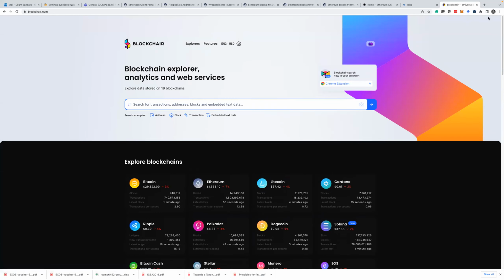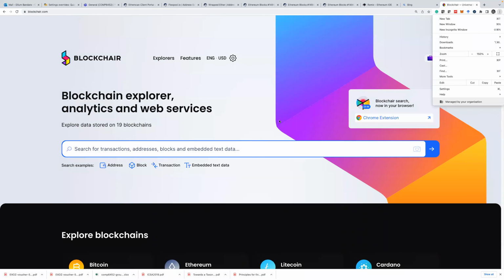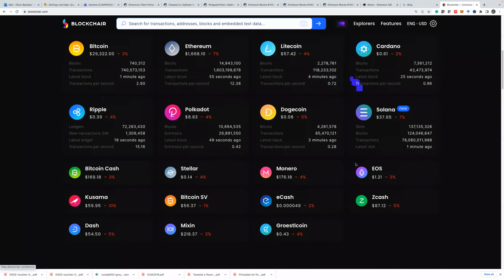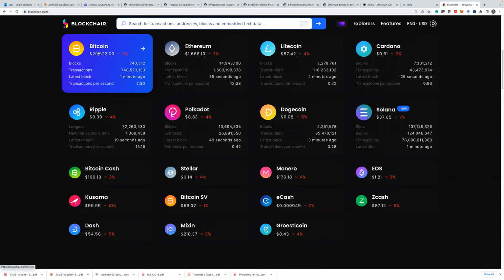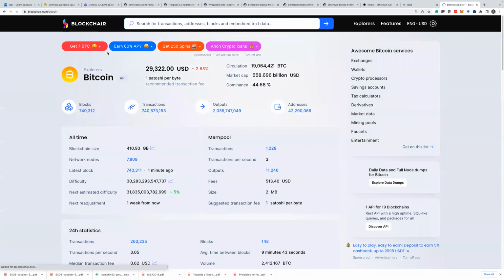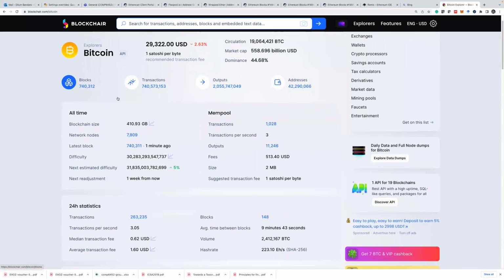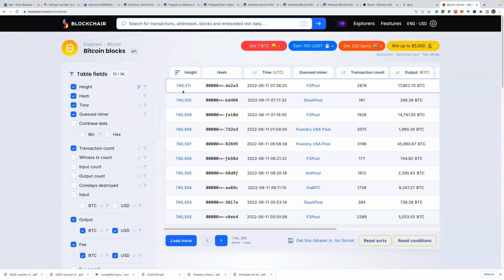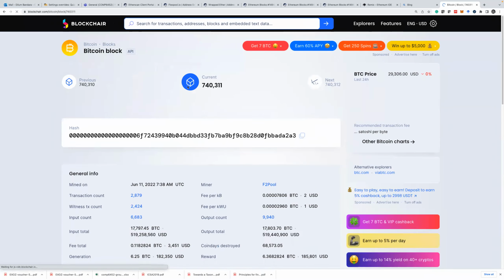This blockchain explorer is one such website. If you look at this one, they list data from quite a lot of networks. If I just go to Bitcoin and try to get a more recent block, the most recent block is block 740,311. Let's click on this.